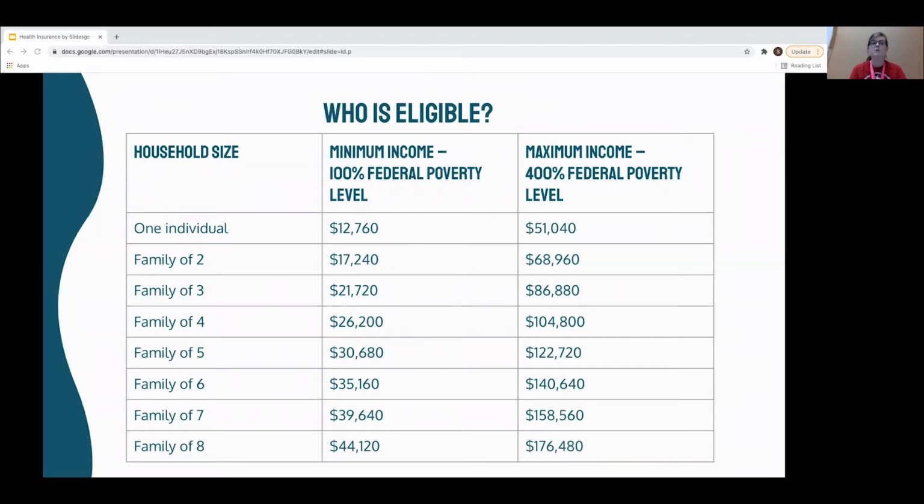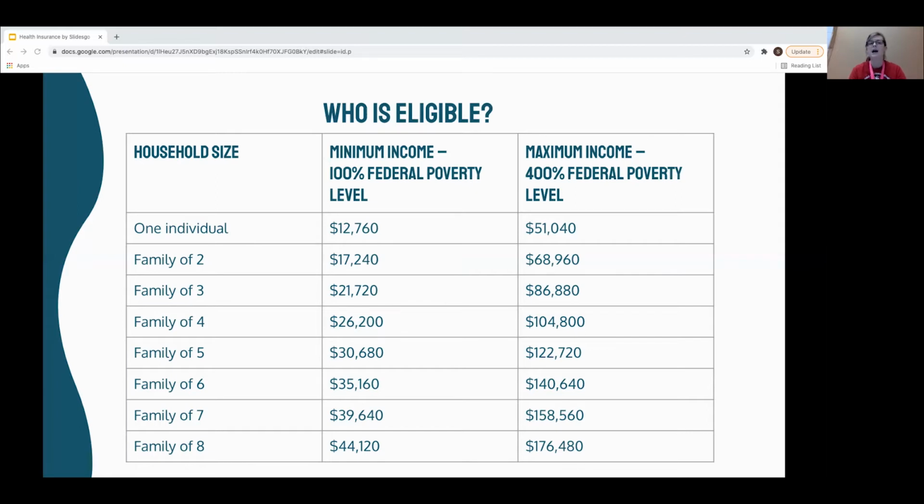So I got a table that has the household size, your minimum level, and then the highest level of what you would make yearly to see if you would qualify. So if an individual had a family size of 4, then you'd be looking at whether you are between the 26,000 and the 104,000 to see if you would be qualified.